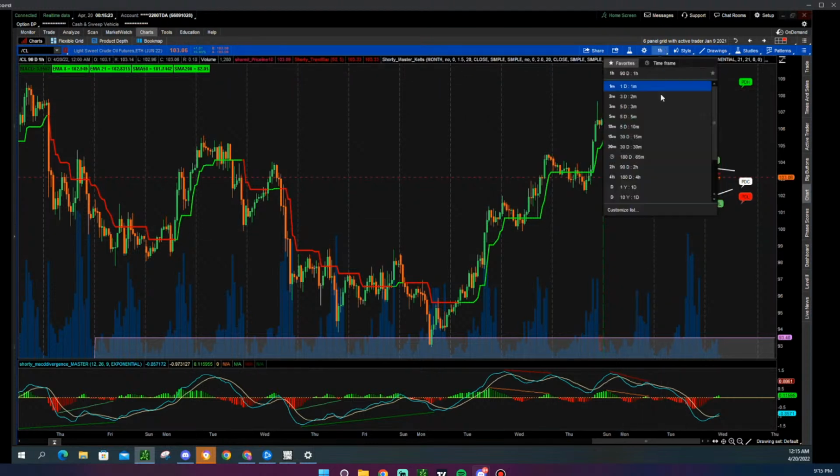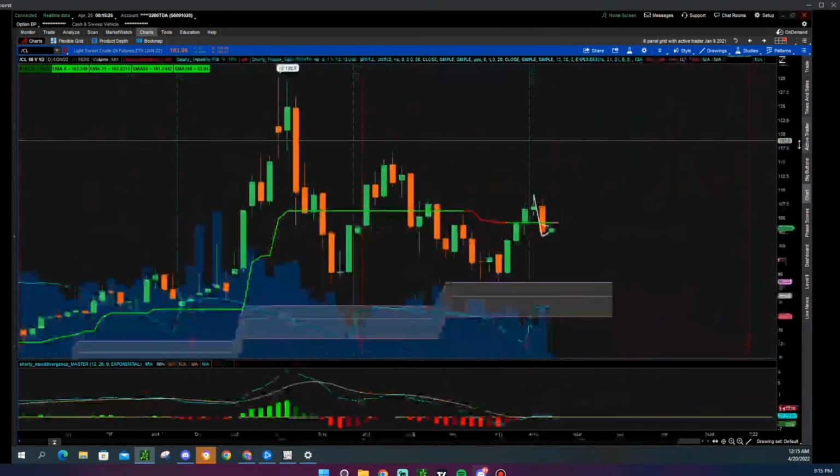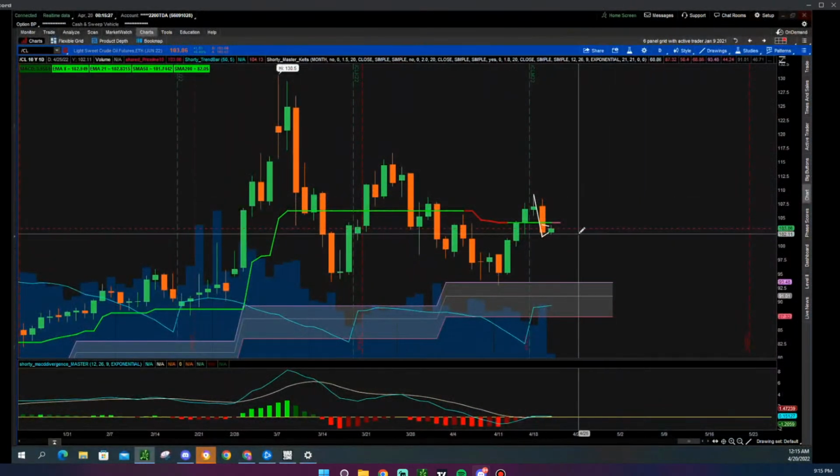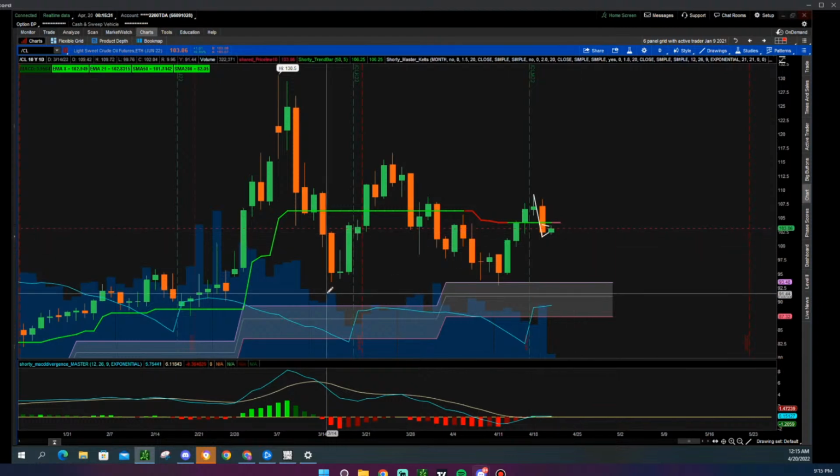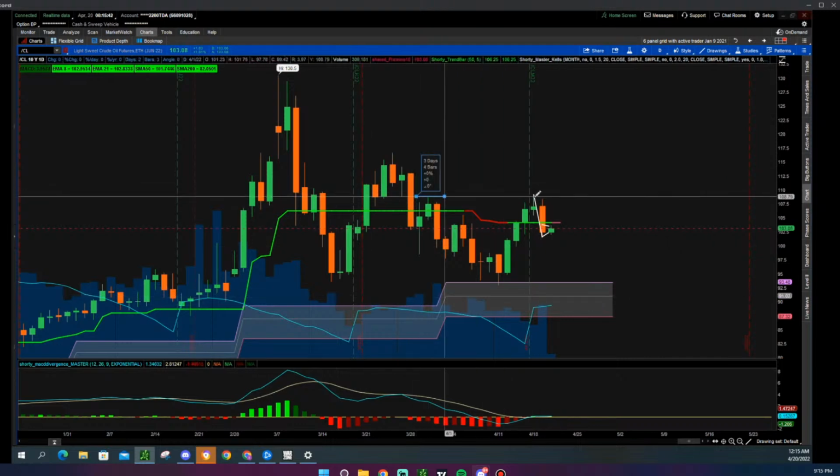But 1 hour, let's see, daily, what it looks like. Anyone see anything here or no? They might have a little mini cup and handle forming here.